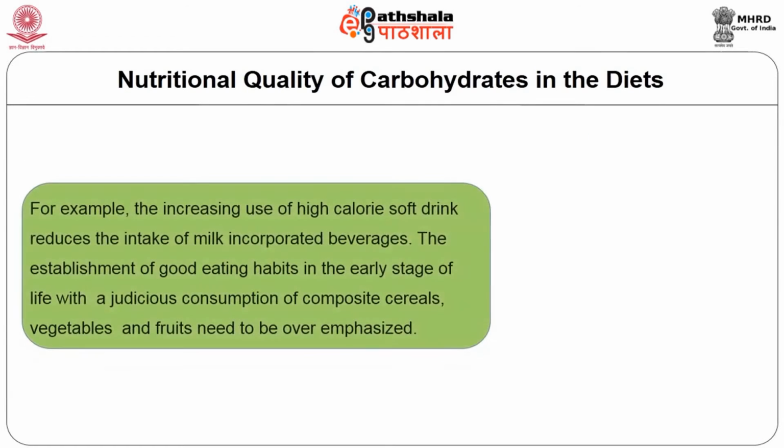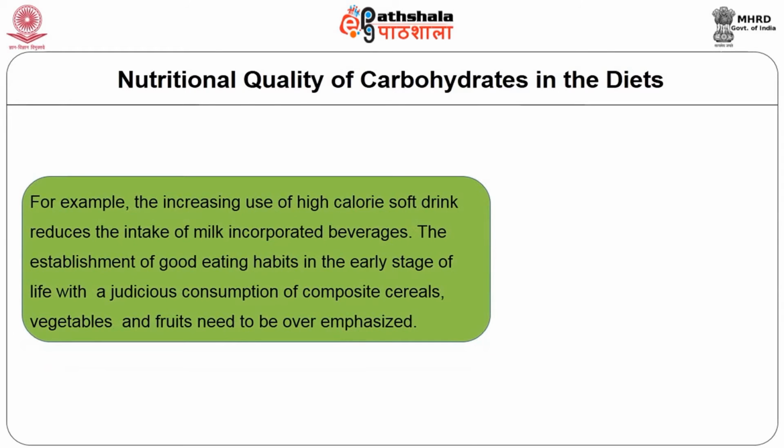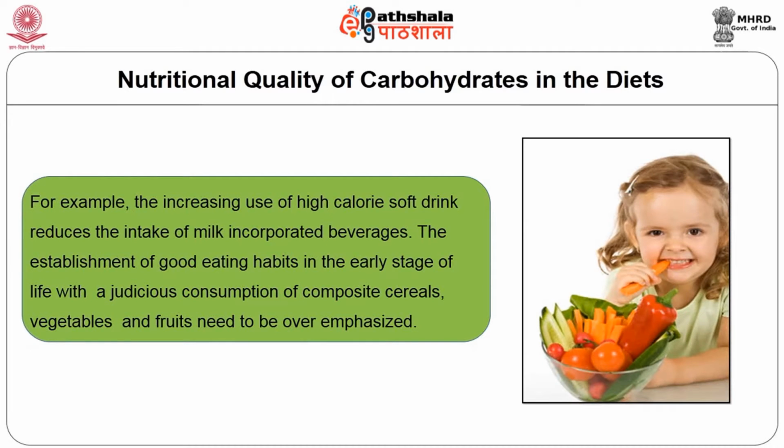For example, the increasing use of high calorie soft drinks reduces the intake of milk-incorporated beverages. The establishment of good eating habits in early stage of life, with a judicious consumption of composite cereals, vegetables and fruits, needs to be overemphasized.